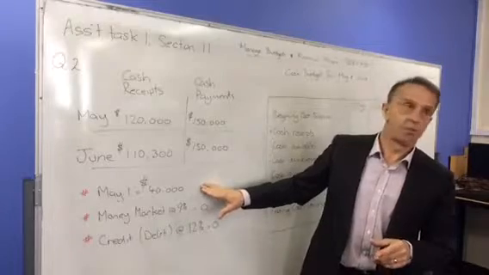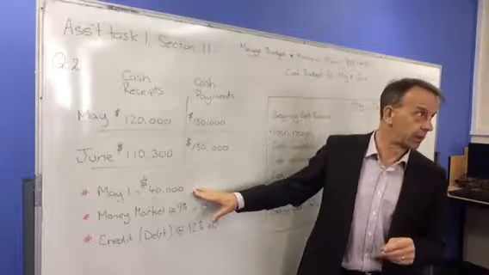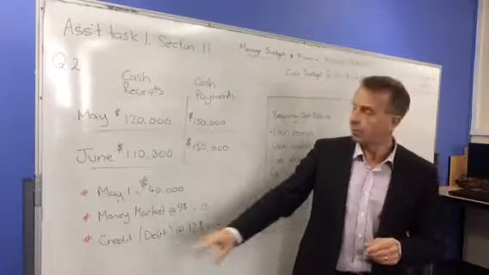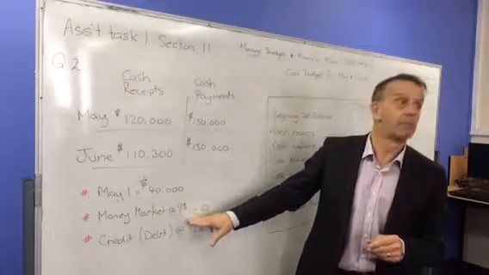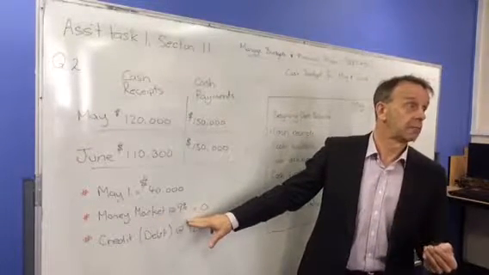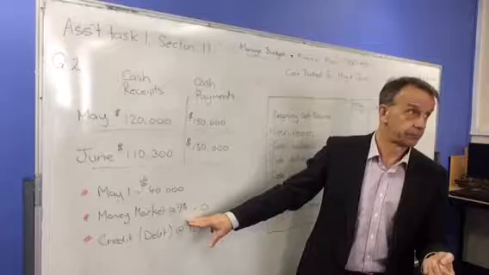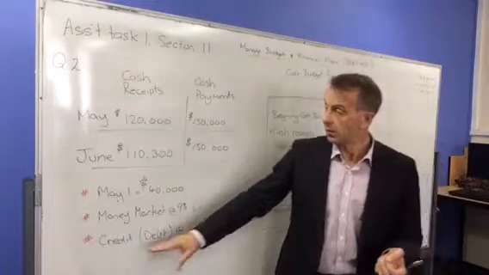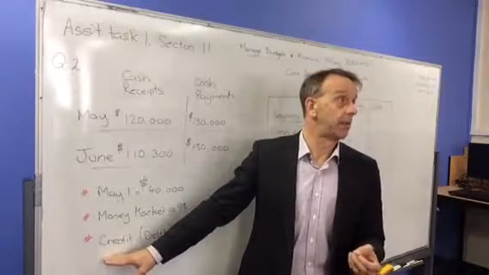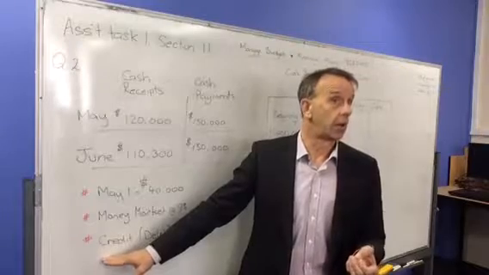Any surplus cash they have above $40,000, they've got the option to invest in a money market, earning 9% interest. And they've also arranged with their bank a line of credit.